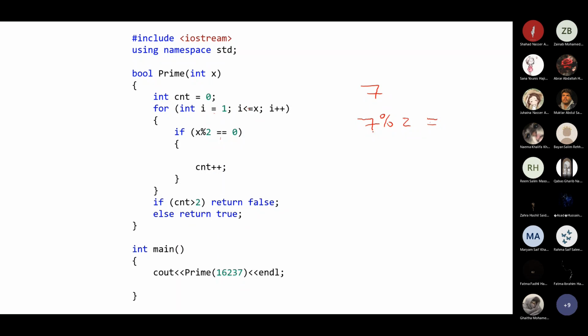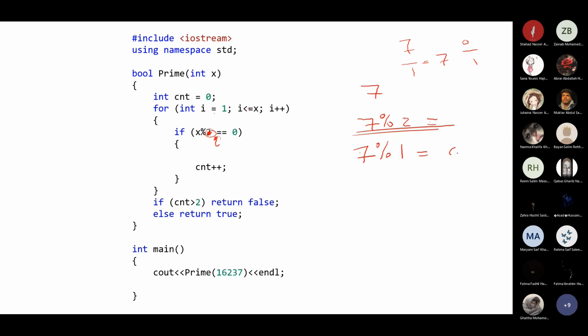See, actually, for the prime number here I should use i, not 2. Okay, this is i. What does that mean? That means if I send 7, then I will test 7 mod 1. Is it equal to 0? Remember, 7 divided by 1 equals 7 and the remainder is 0.